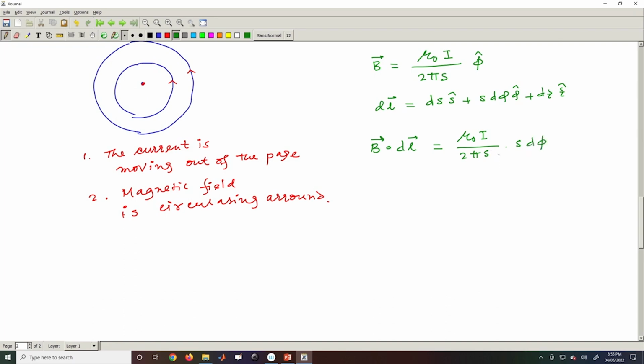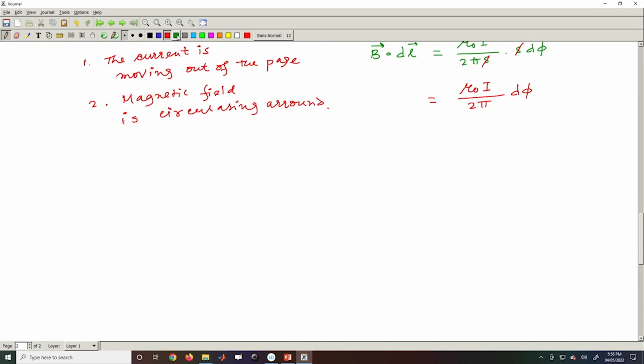The s cancels out here and here. So, we have something like mu 0 I divided by 2 pi and then d phi. Now, we are going to integrate over the circle.